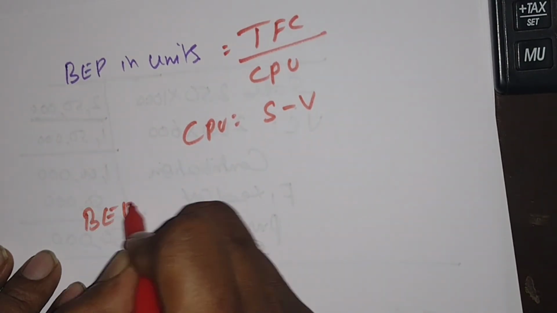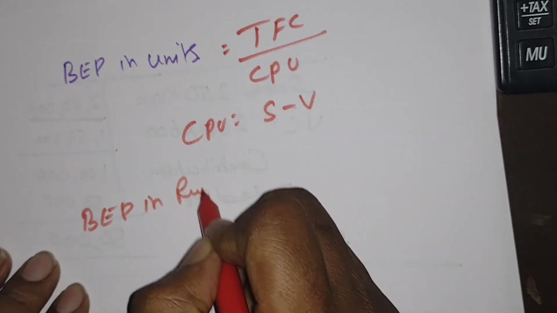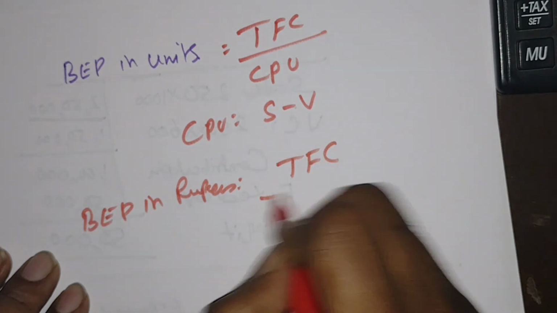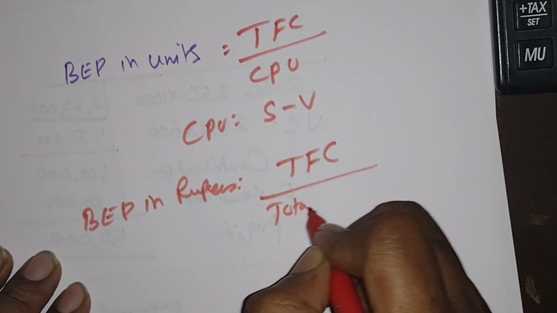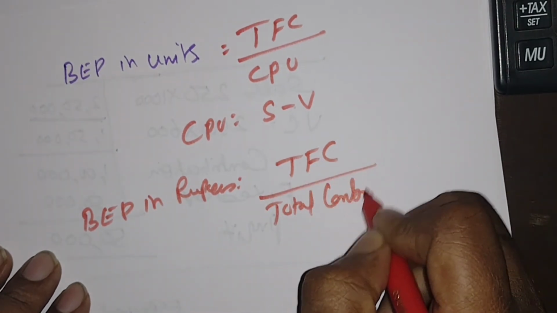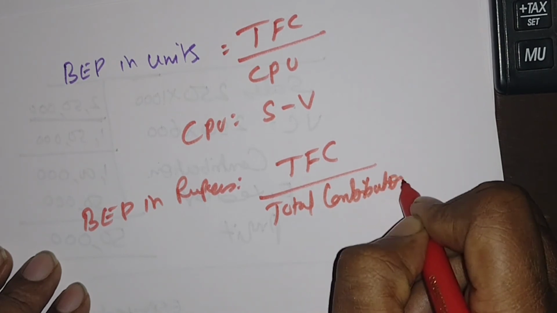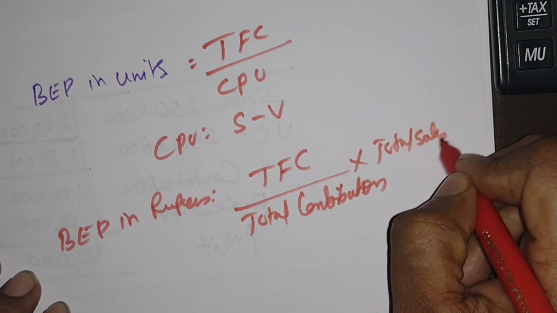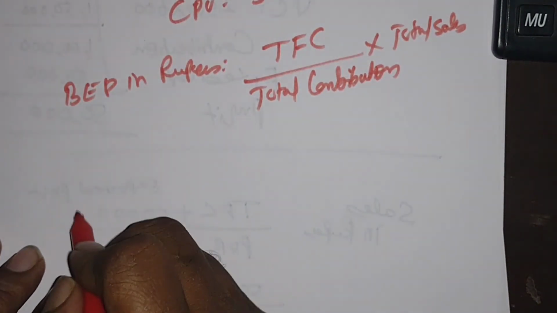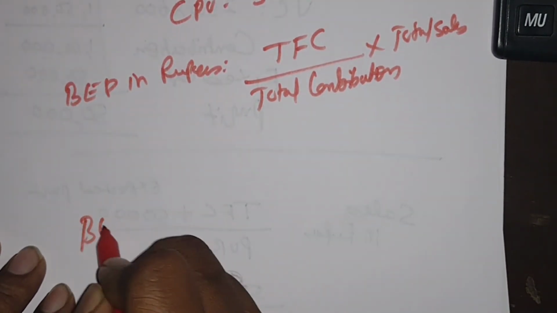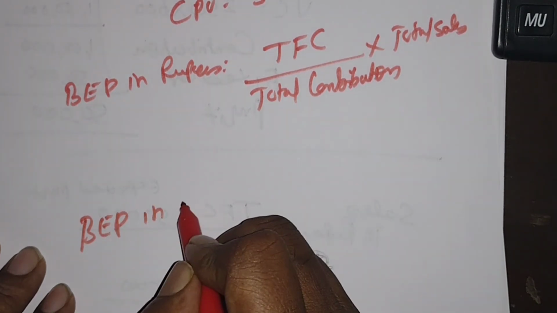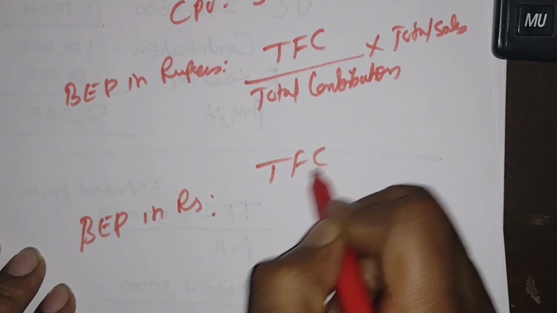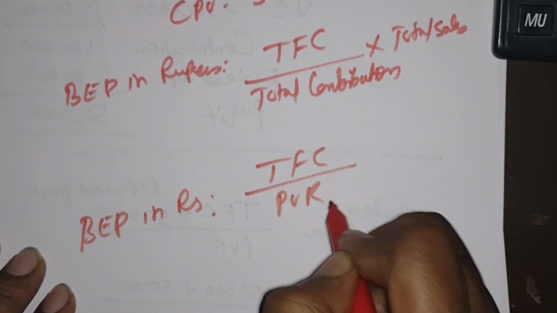The second one is BEP in rupees: total fixed cost divided by total contribution, into total sales. The third one is the same BEP in terms of rupees: total fixed cost divided by PV ratio.